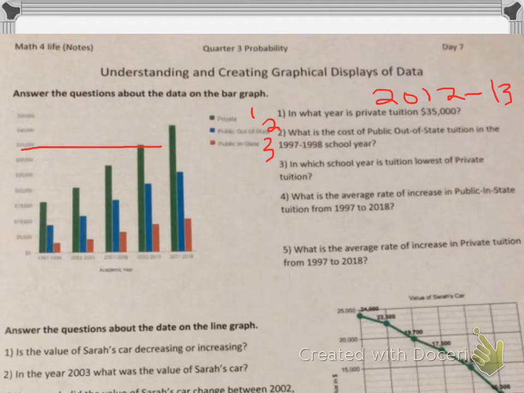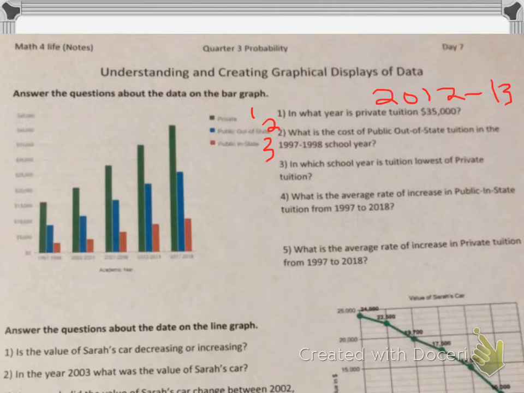Okay, we're going to just keep going from there. Again, I apologize that your graph is hard to read on this. Number 2 says, what is the cost of public out-of-state tuition in the 1997 to 1998 school year? So this time we're looking for public out-of-state tuition, which would be the middle bar graph on each one of those.